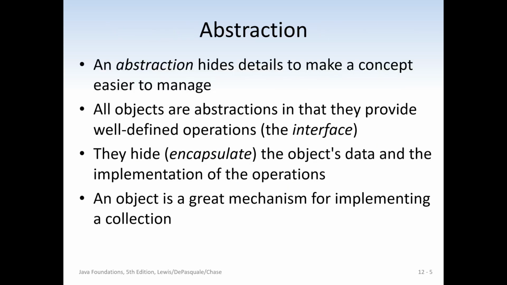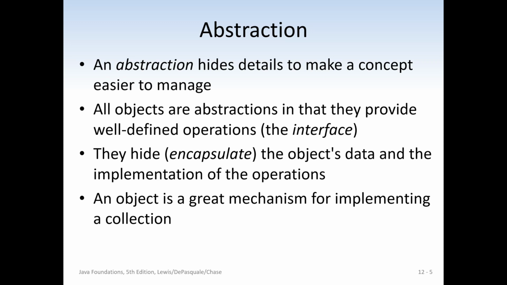All right. So the word abstraction in computer science is something that hides the details to make a concept easier to manage. All objects are abstractions in that they provide well-defined operations, which we usually call an interface. The interface is the set of functions that you can use. There are different definitions of that, right? It could be like the Java interfaces, which is just a set of functions that's defined as part of a class that you implement in your class.